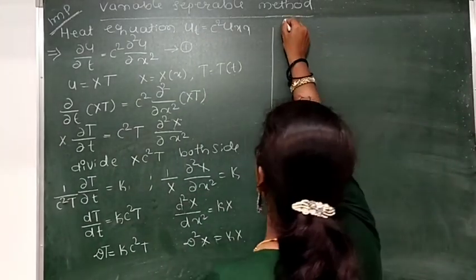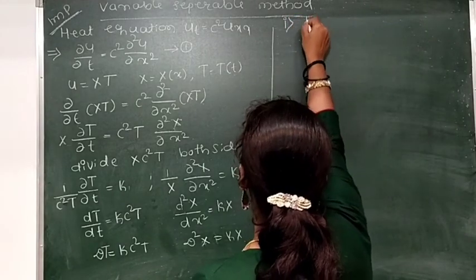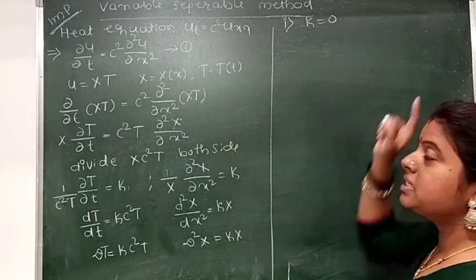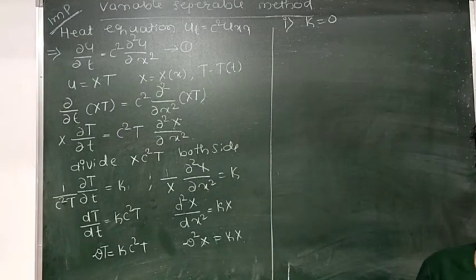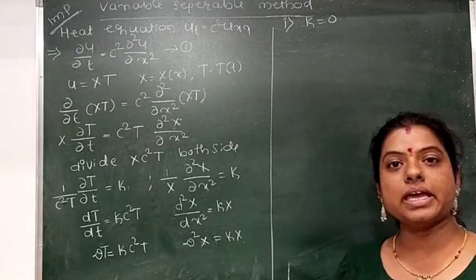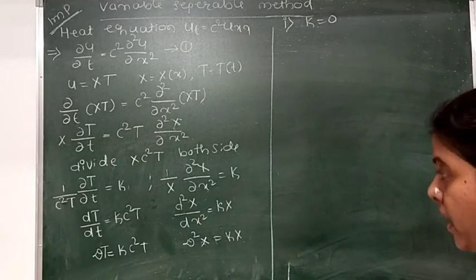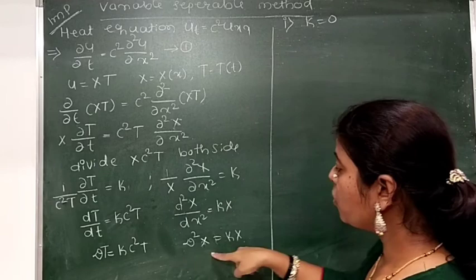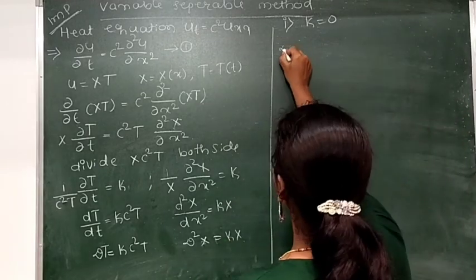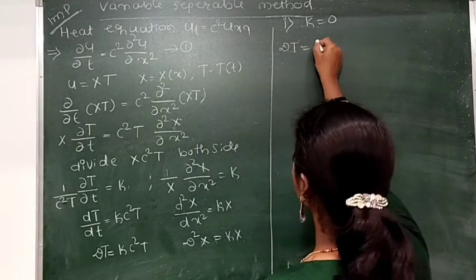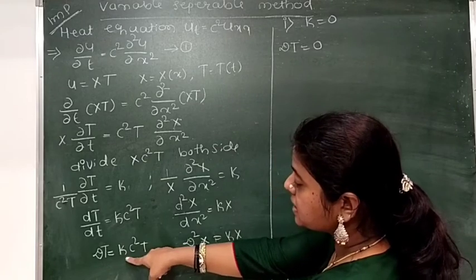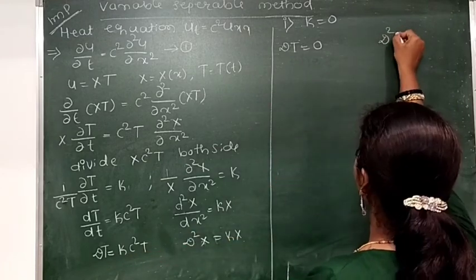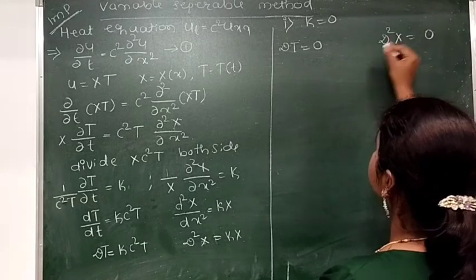The first case is k = 0, the second case is k = +p², and the third case is k = -p². If we substitute k = 0 in both the equations, the RHS becomes 0 in dT/dt, and the term in d²X/dx² also becomes 0.